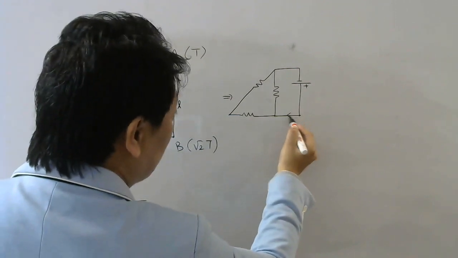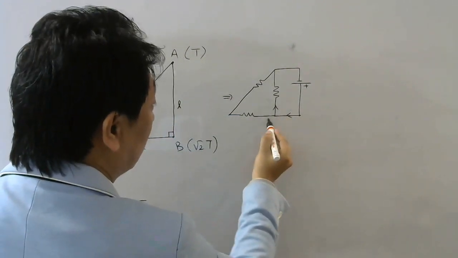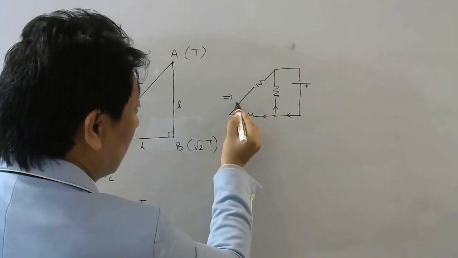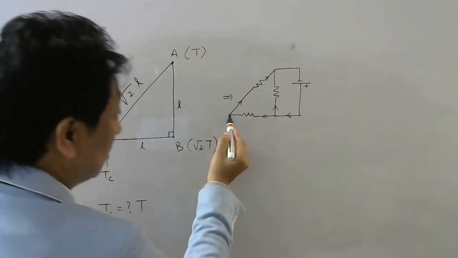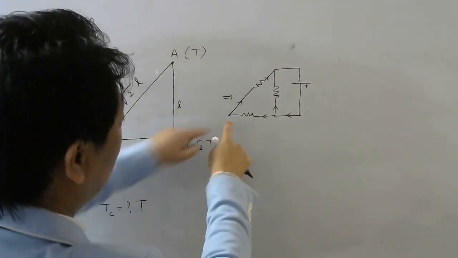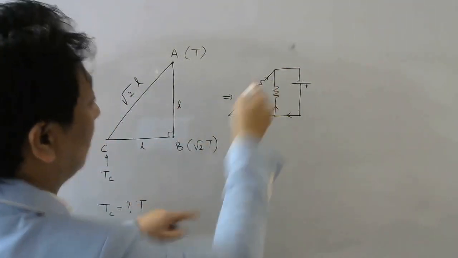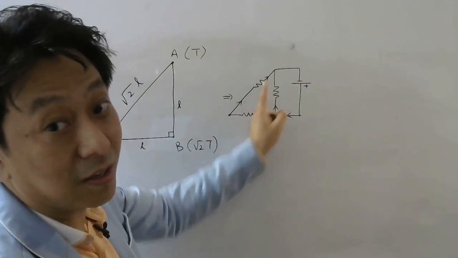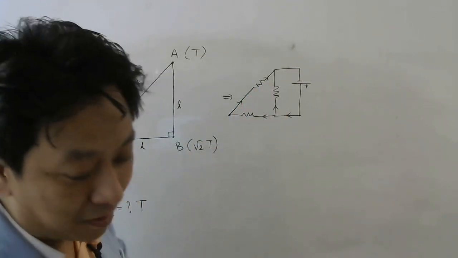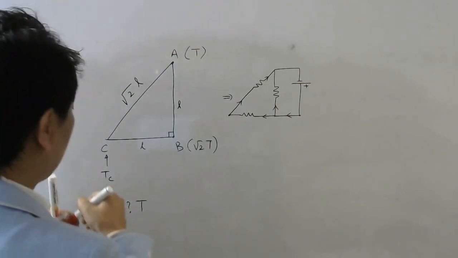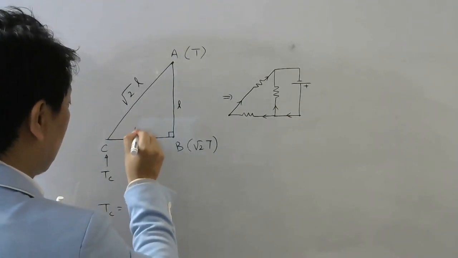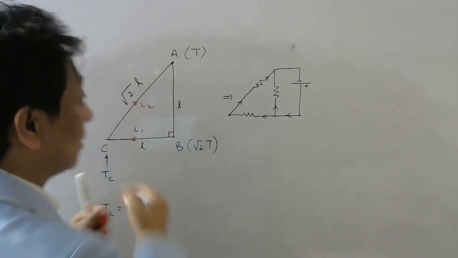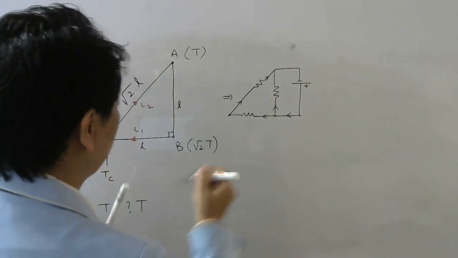So whatever current comes from here, that will divide here and here. But whatever current comes here, the same current has to go here, isn't it? Because this point doesn't have any junction for current to divide. That is the main part. So if I assume the heat current here is I1 and heat current here is I2, then I1 must be equal to I2.